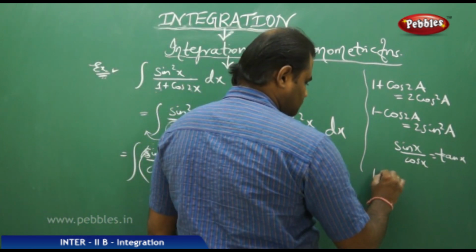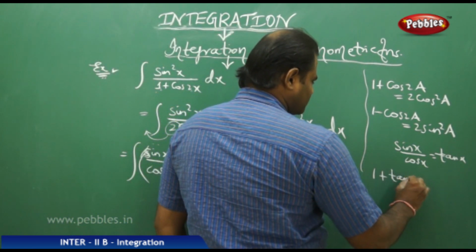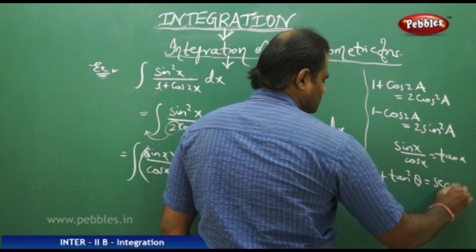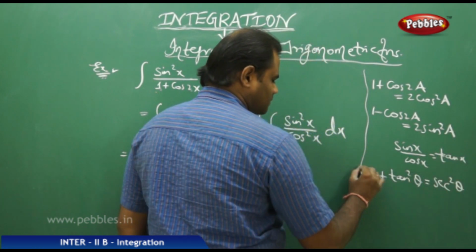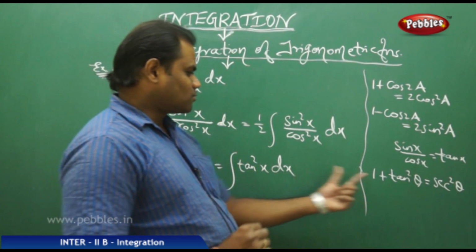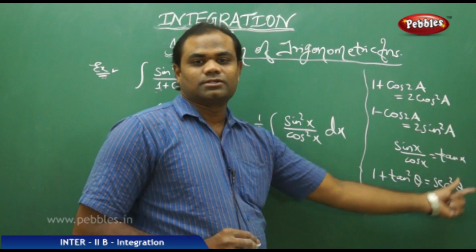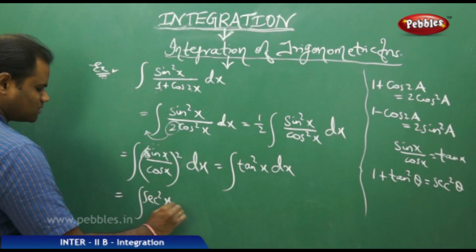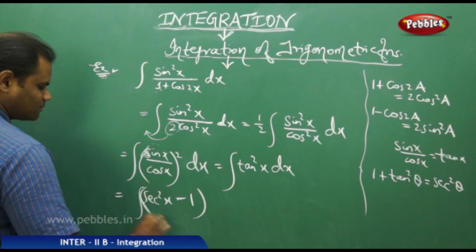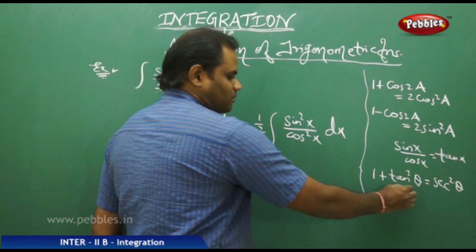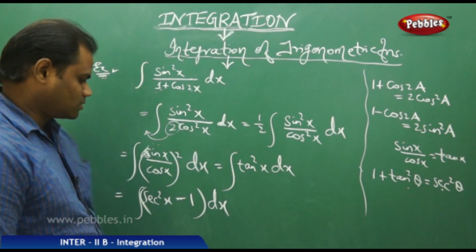Now we know that 1 plus tan square theta is secant square theta. That implies I can split tan square x as secant square minus 1. So this reduces to secant square minus 1 of dx using this formula 1 plus tan square is secant square.